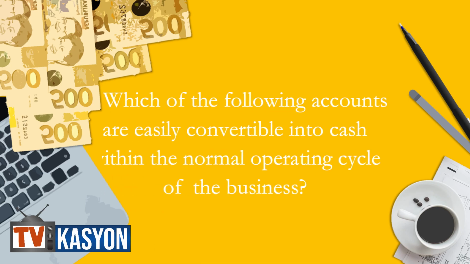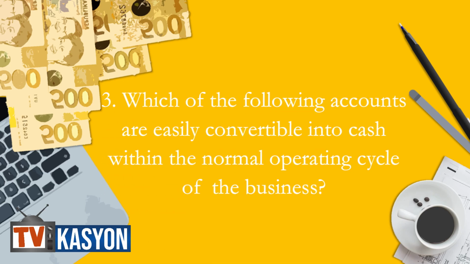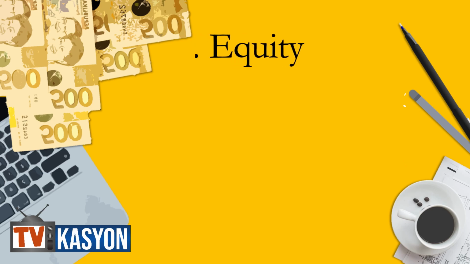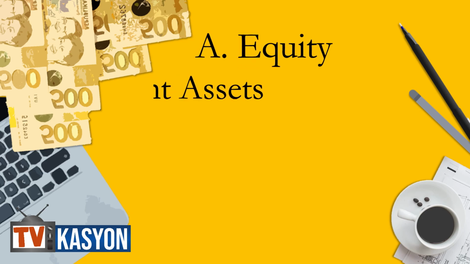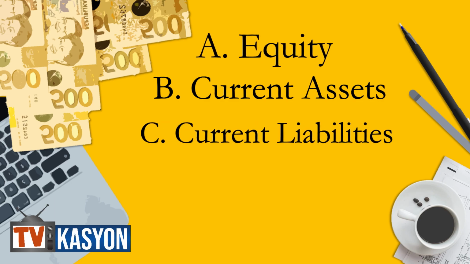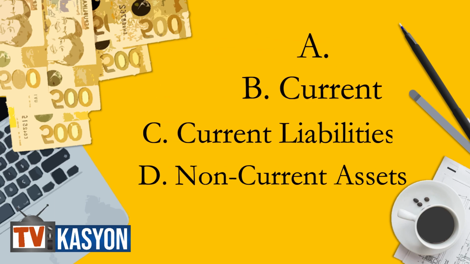Number 3. Which of the following accounts are easily convertible into cash within the normal operating cycle of the business? A. Equity. B. Current assets. C. Current liabilities, and D. Non-current assets.